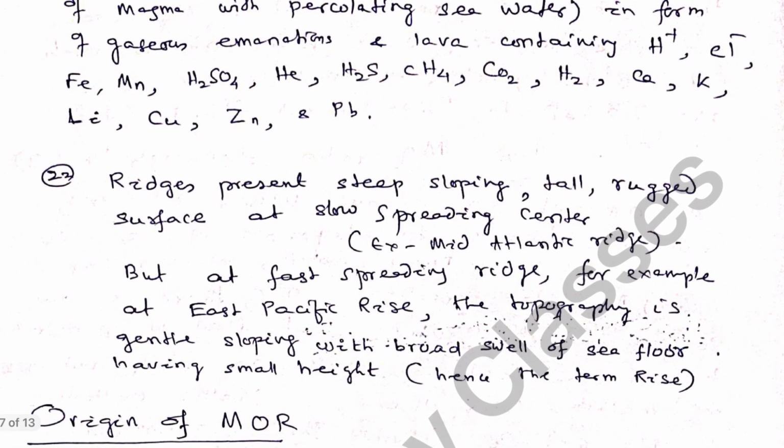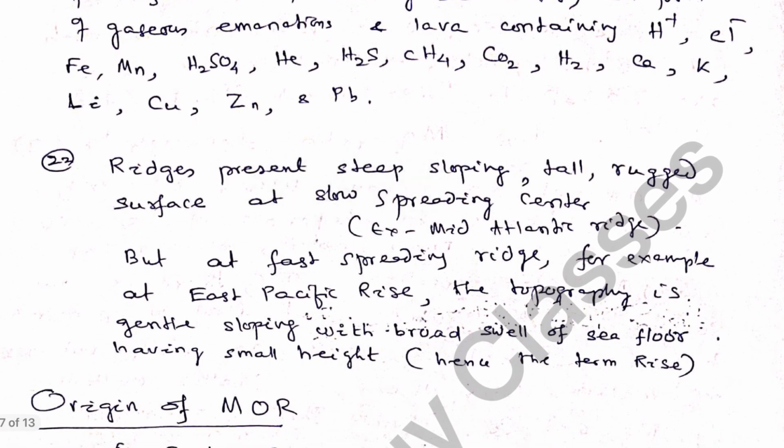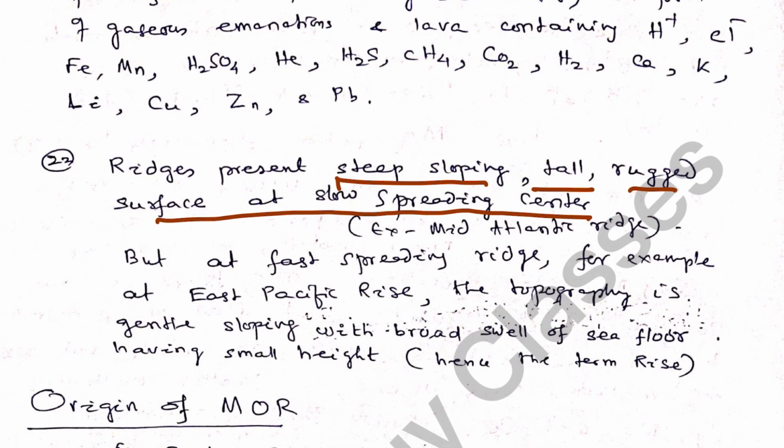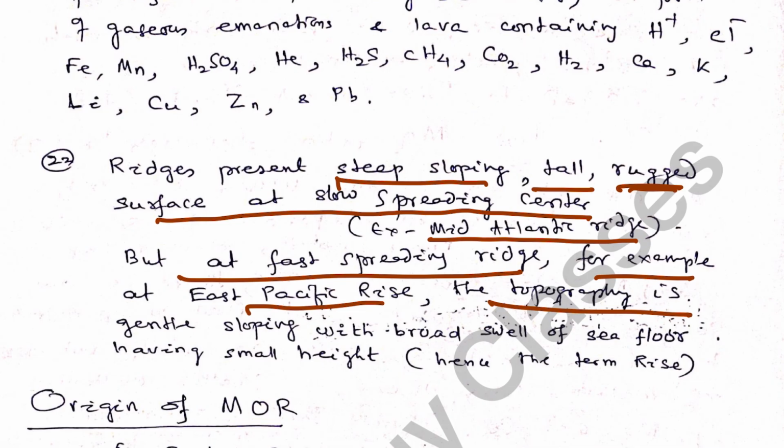In the ridges, they present steep slope, tall rugged surface at slow spreading center. For example, mid-Atlantic ridge. Mid-Atlantic ridge presenting a very rugged or uneven surface, rough surface. But at the fast spreading ridge, for example, East Pacific ridge, the topography is gentle sloping with broad swell of the sea floor having a small height. That's why it is called as a rise. It is not called a ridge.